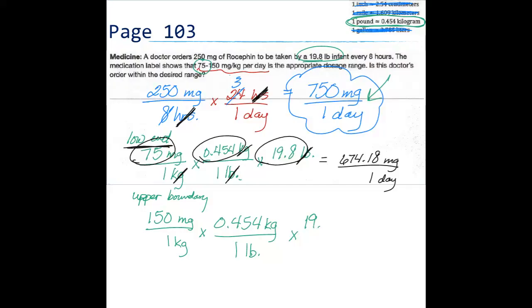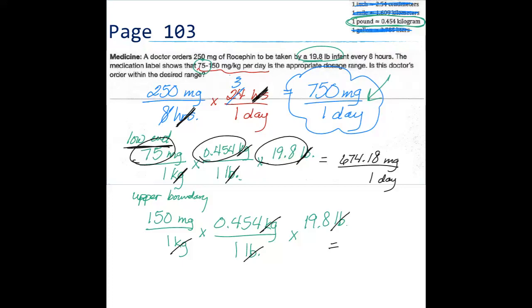So that's 19.8 pounds, and all these units are going to cancel out. And when I multiply that, 150 times 0.454 times 19.8, it should be almost double that amount, right?